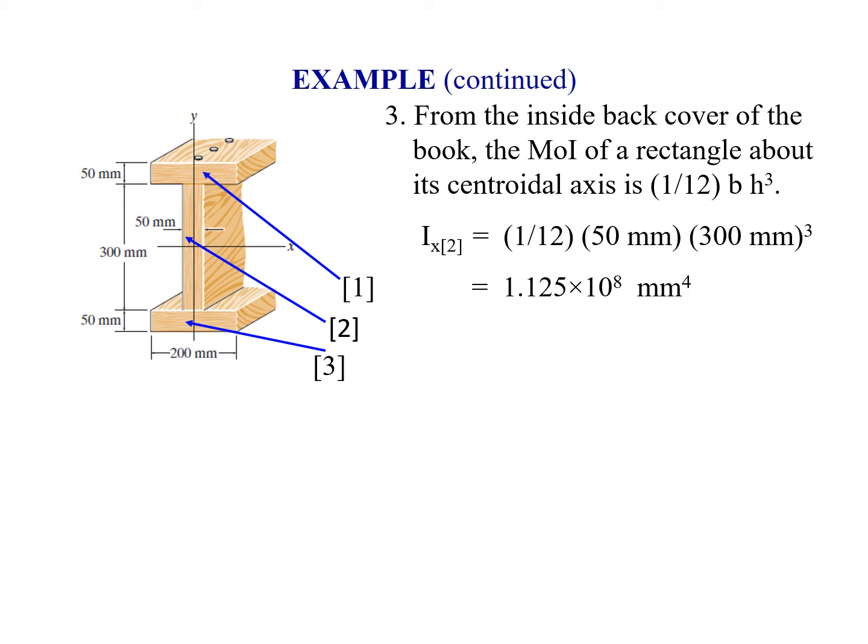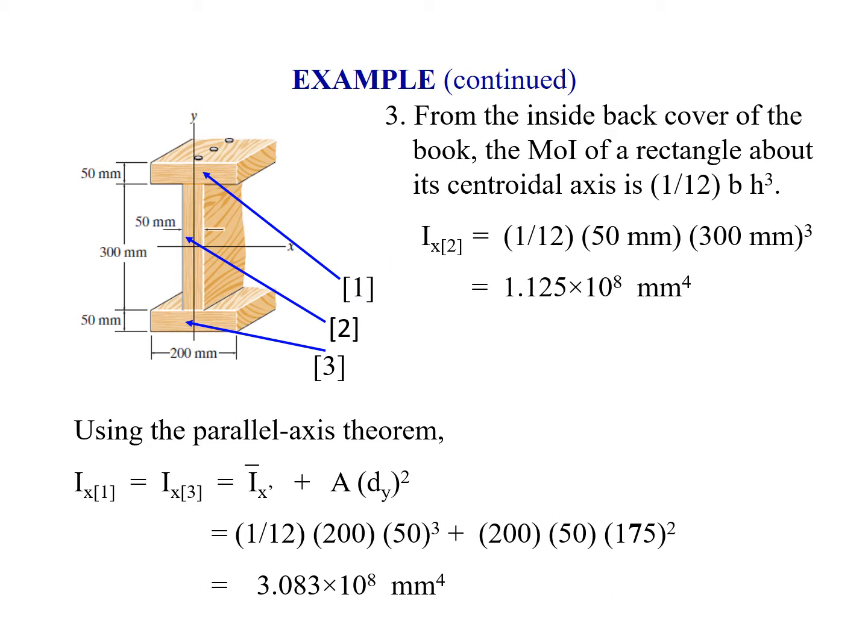Next, consider the upper plate, which happens to be equal to the lower plate. Focusing on the upper plate, the first term is the moment of inertia about its own axis, plus the area of that component times the distance between the axes of the upper rectangle and the x-axis. So we have 1/12 its width, 200 millimeters, times its height, 50 millimeters cubed.